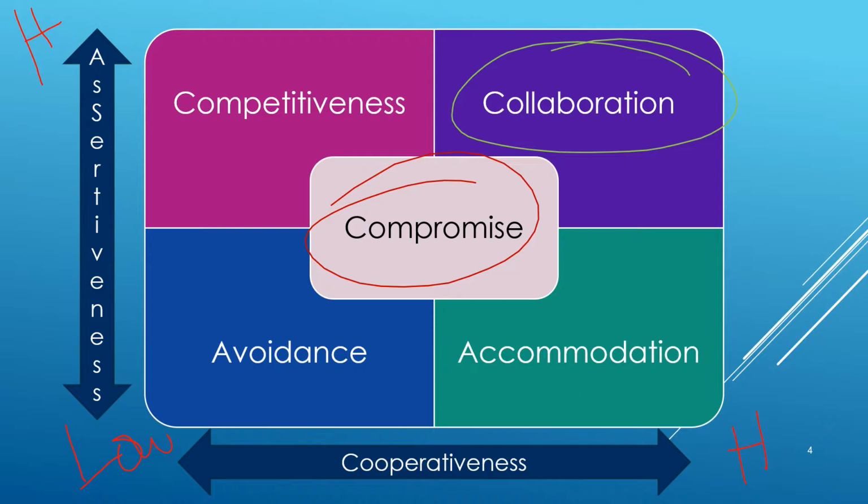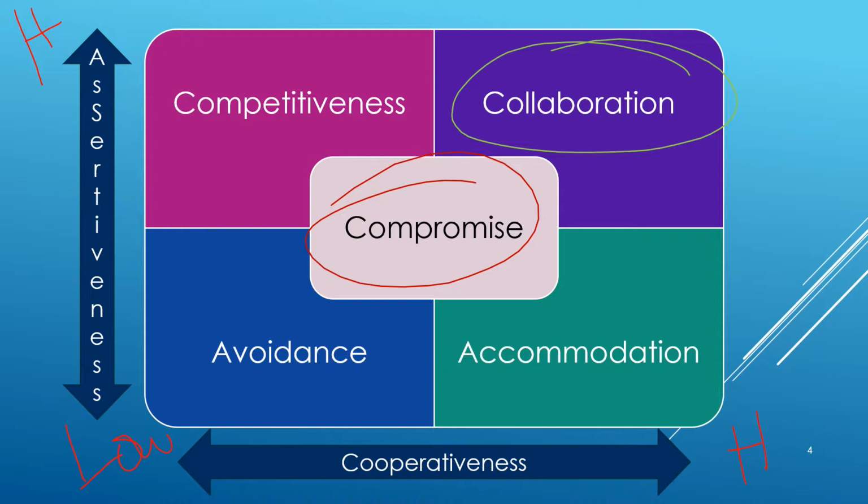Lastly, accommodation, okay? So very high cooperativeness, very low assertiveness. With accommodation, sometimes, and we don't want to do this too often because then the guest will start expecting it, but guests have been trained to just complain. And those people who complain, the people who complain the loudest, the squeaky wheel gets the grease.